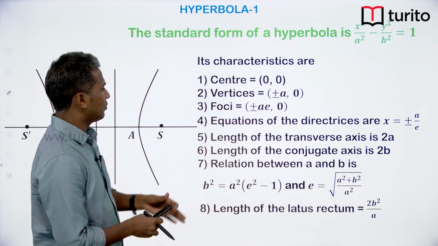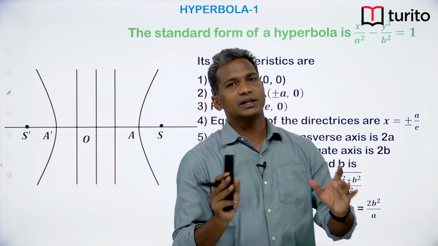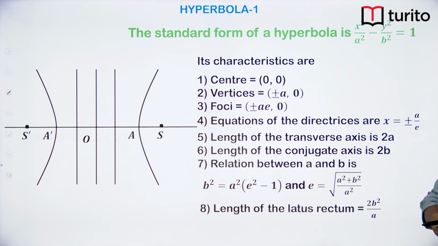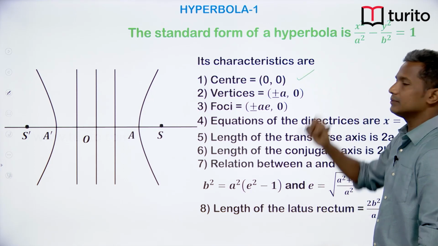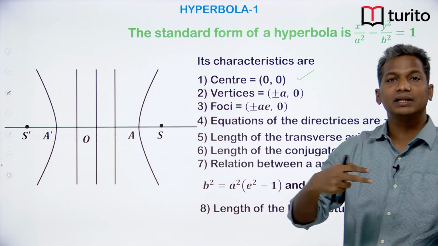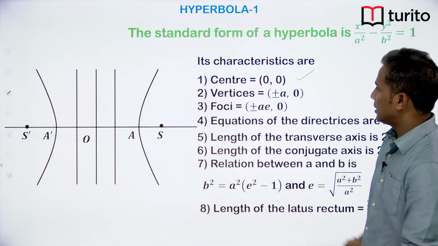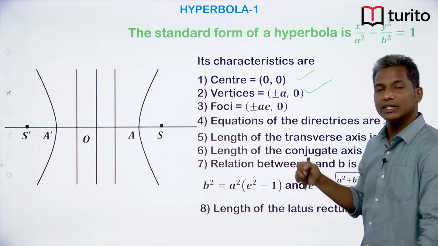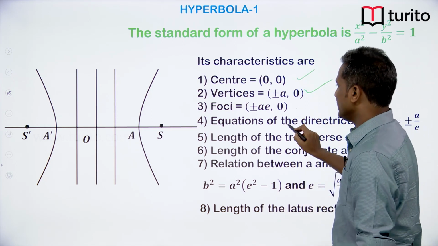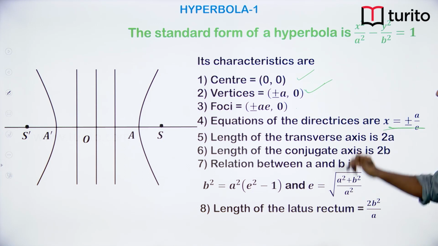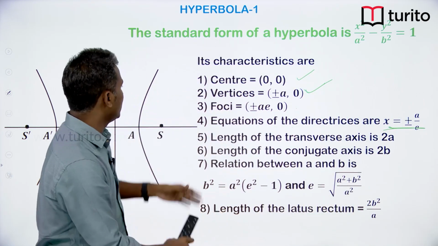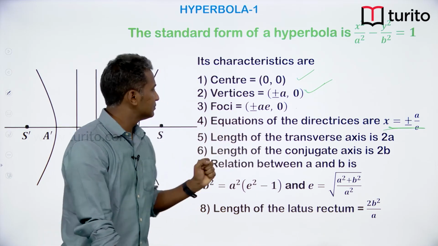Now, let us look at all the characteristics in a formulated manner. So, what are they? Center, we have fixed the center, this is part of the setup, and vertices we have fixed, foci we have designed, and equations of directrices we have derived.